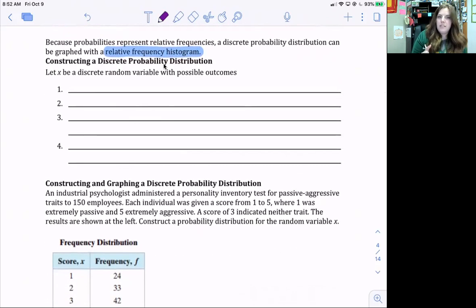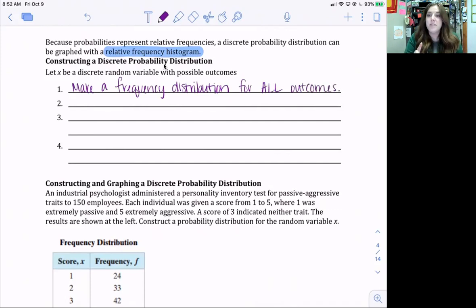All right. So if we want to construct a discrete probability distribution, the first thing we're going to want to do, so let x be a discrete random variable with possible outcomes. First, you're going to make a frequency distribution for all outcomes. Okay, the nice thing about this frequency distribution is they're going to be just x values.